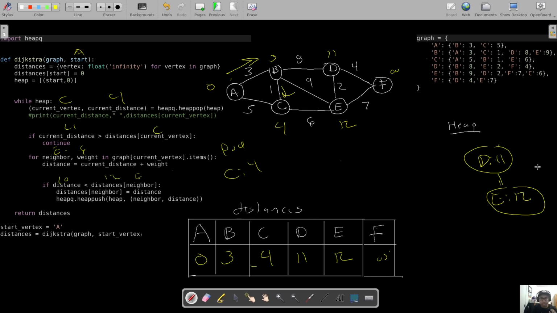So now E becomes 10, and it's on top of the stack. So we put E as the root here, 10. And then we change this here to 10. Change the heap, okay.